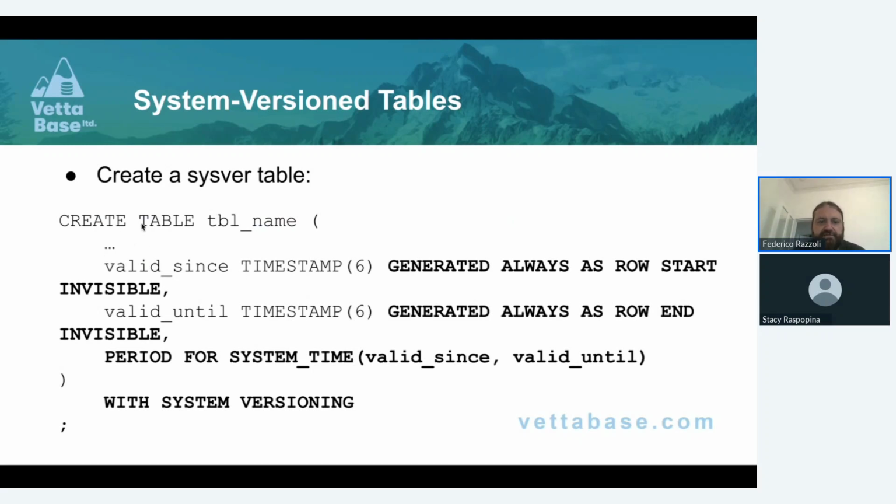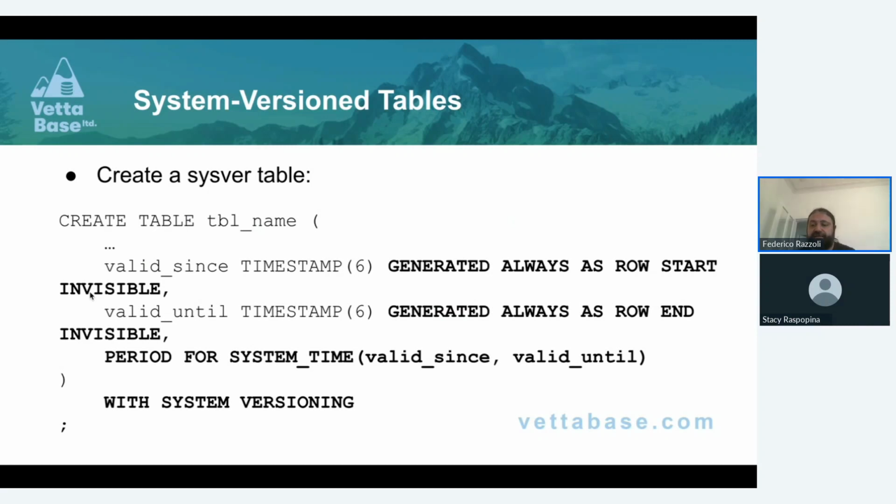You can have several column definitions, and then you have to decide. Well, you don't really have to, but you should specify two timestamp columns. You can use this syntax. One is for the row start, and the other is for the row end. Here, I use the invisible keyword, but it's not mandatory.